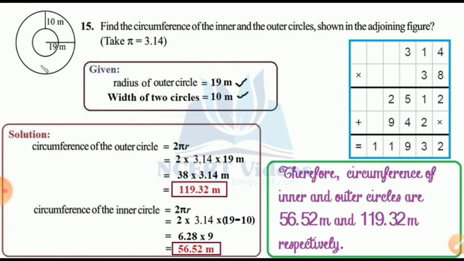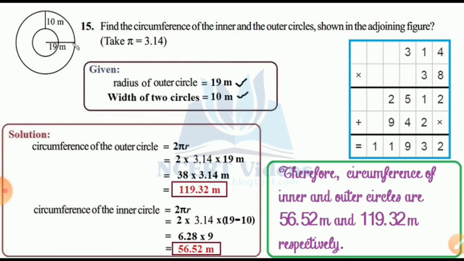The outer side is 19 meter and the path is 10 meter. Automatically you will get 9 for the inner side. So you find out for the outer circle, 2 pi r with 19 meter, 119.32 meter.